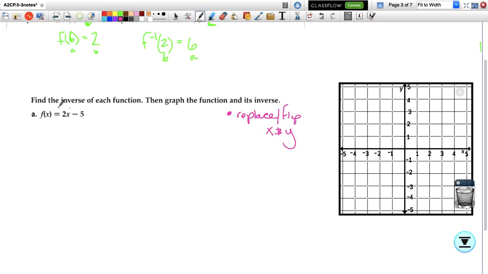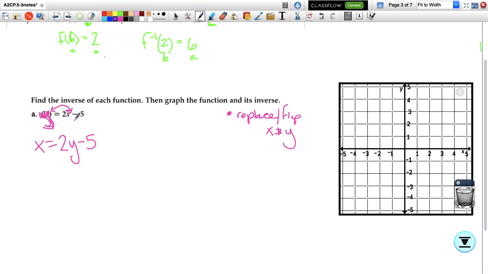So if we're looking at this function, f of x is like your y. So my first step is to change their locations. Instead of y equals 2x minus 5, I'm going to do x equals 2y minus 5. I'm going to flip-flop my x and my y, just like we did with coordinate pairs.